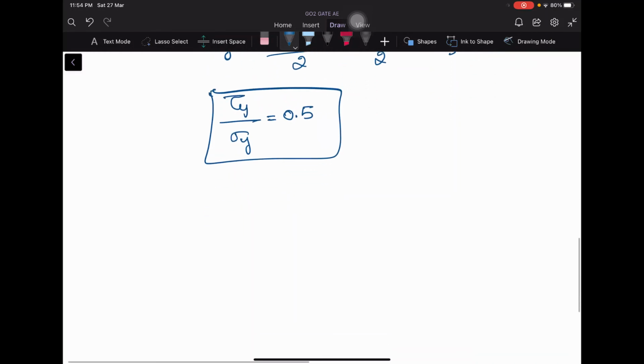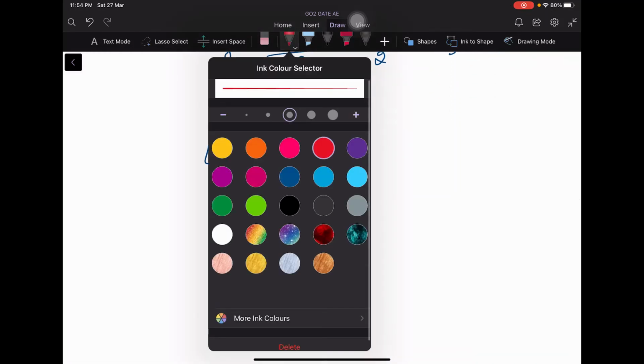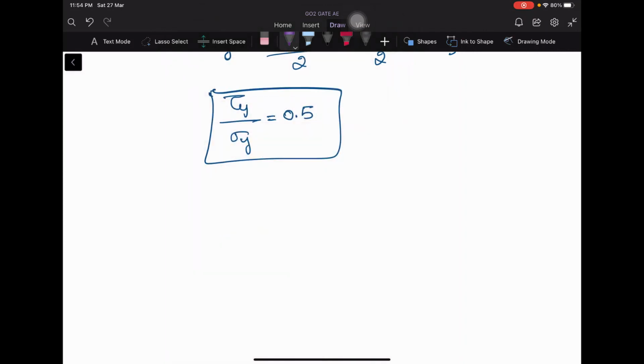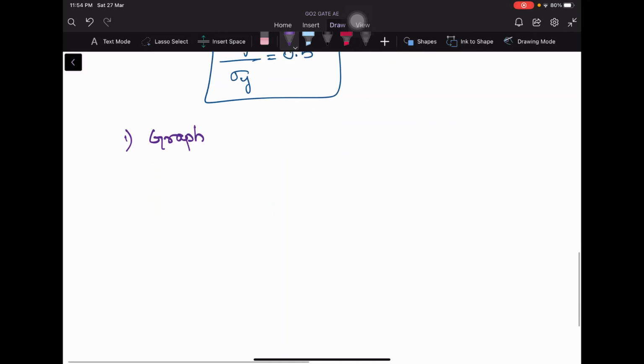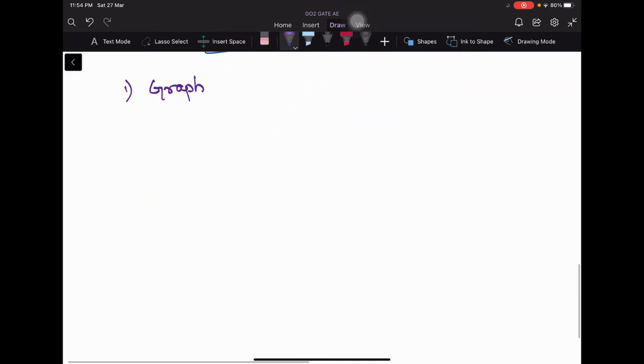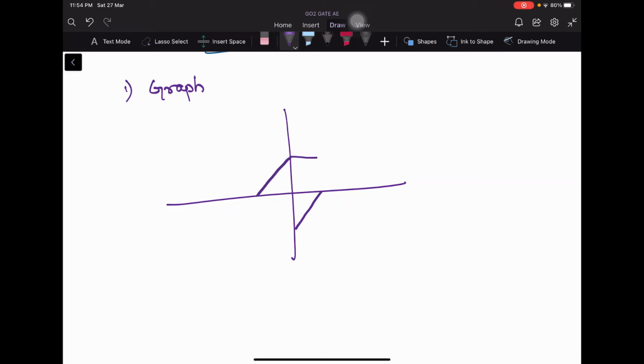So when it comes to the graph, your maximum shear stress theory has a hexagon shaped graph in this format. This is sigma y, this is minus sigma y, plus sigma y.